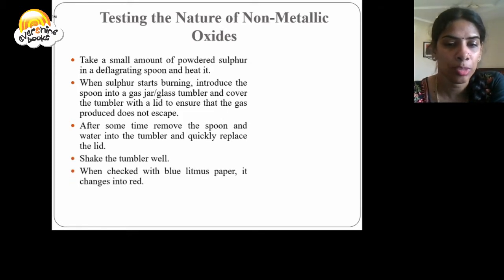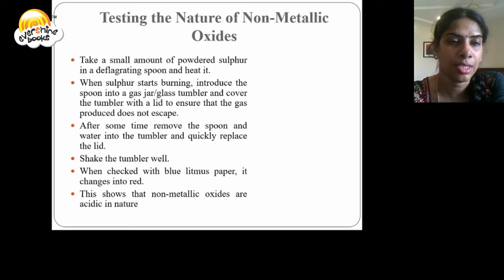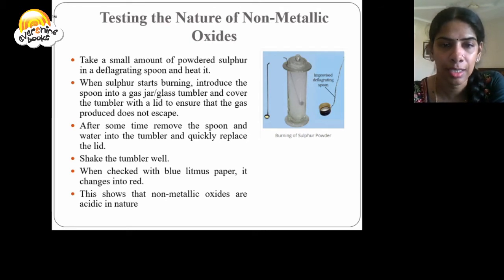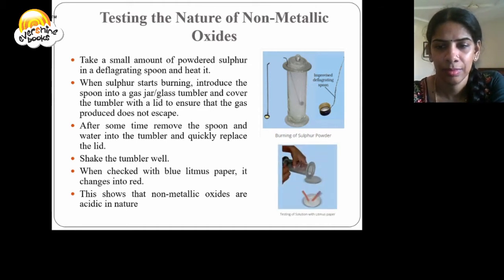When checked with the blue litmus paper, you can see it changes into red. This shows that the non-metallic oxides are acidic in nature. This is a deflagrating spoon. It has been placed inside the glass tumbler to avoid the gas escaping. After removing the lid, we are checking it with litmus paper.